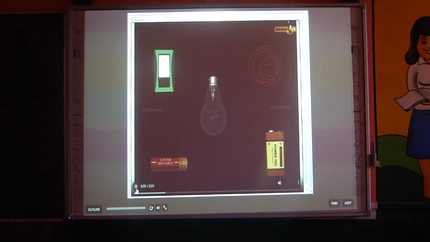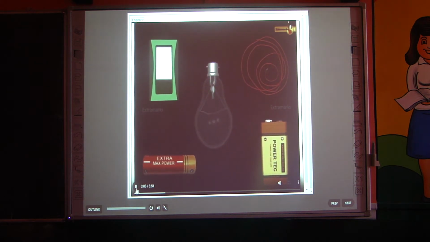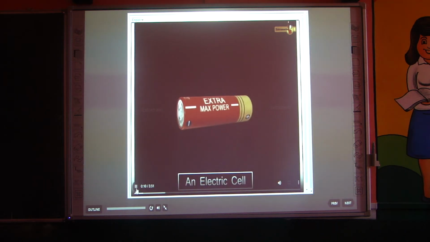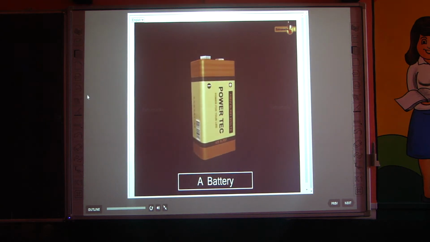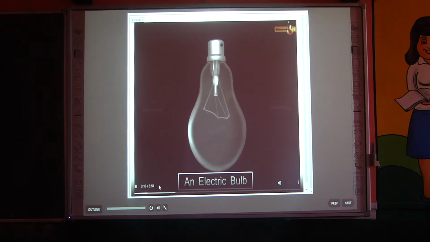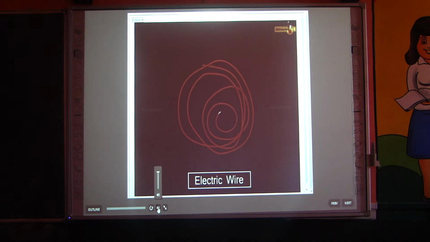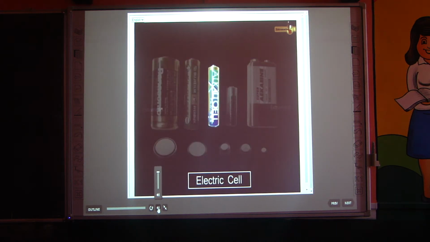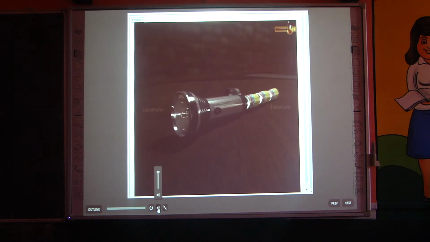Let us study some of the electrical components used in an electric circuit, such as an electric cell, a battery, an electric bulb, a switch, and electric wire. Electric cell: it is one of the sources of electrical energy.